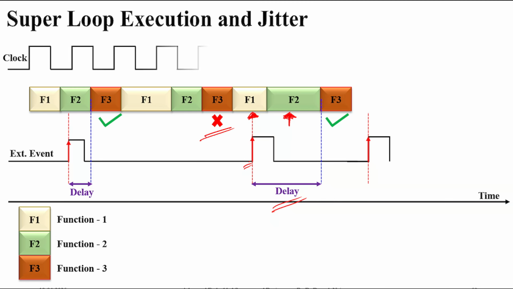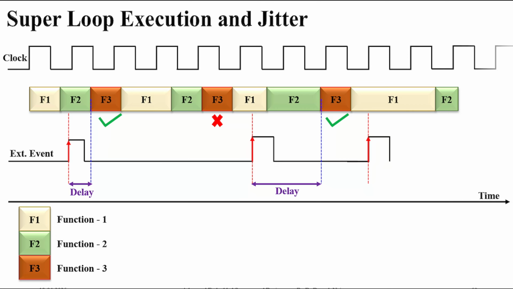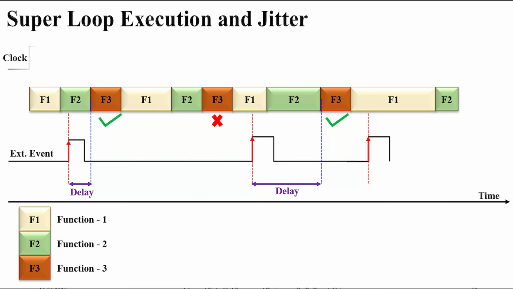Here we can see the delay is longer compared to delay number 1. And after completion of function 3, it will give the resources back to function number 1. And suppose function 1 this time takes some extra time to complete its job.